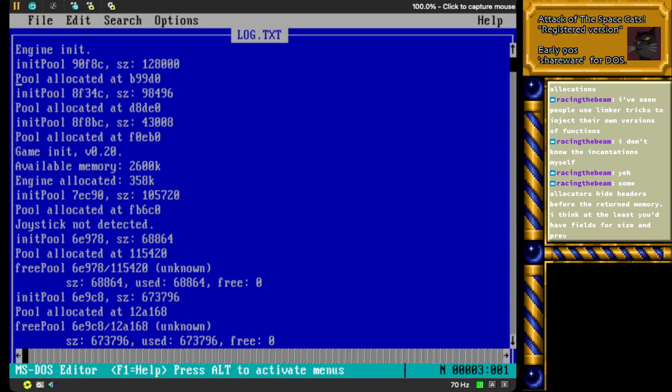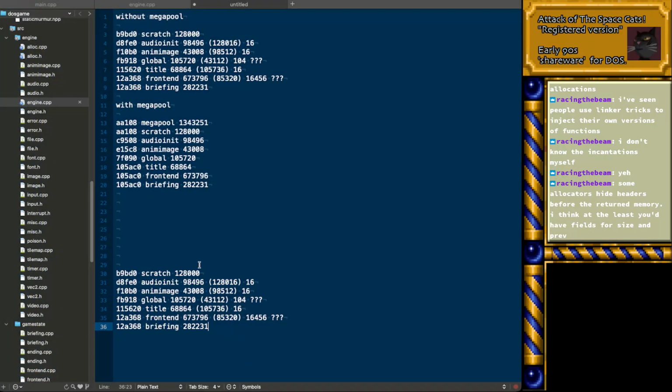Zonk. B9 E0. D8 DE0. F0 EE0. FB6 C0. 115 Well, that's 256 bytes, isn't it? 200 in hex.